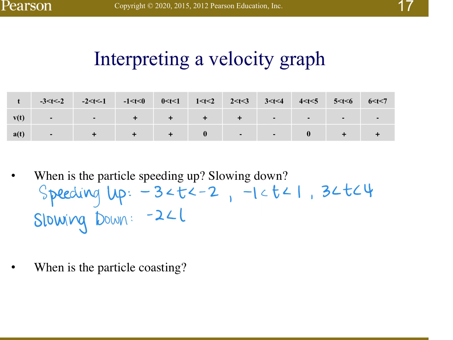-2 to -1. Okay. She said 5 to 6 and 6 to 7. I can say 5 to 7 is just fine. Slowing down in that. And then when is it coasting? Taylor, you want to try that? From 1 to 2, 3, 4, 5.